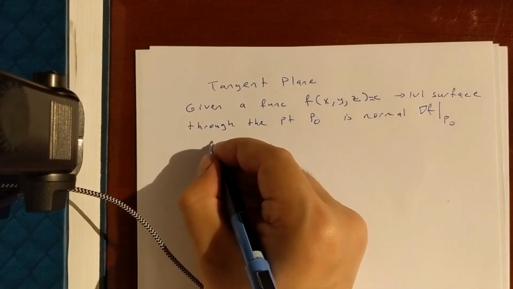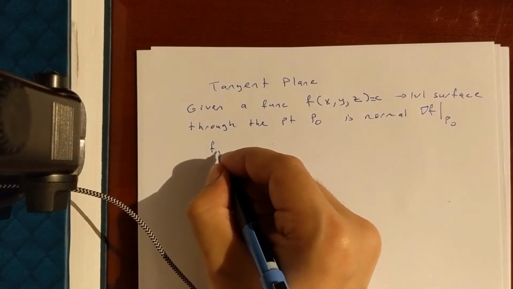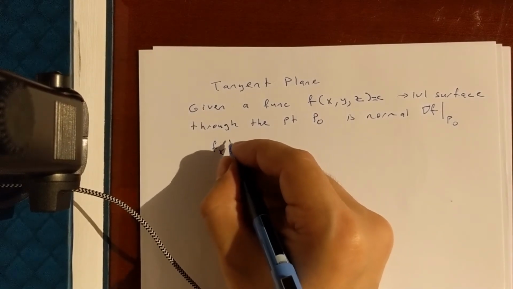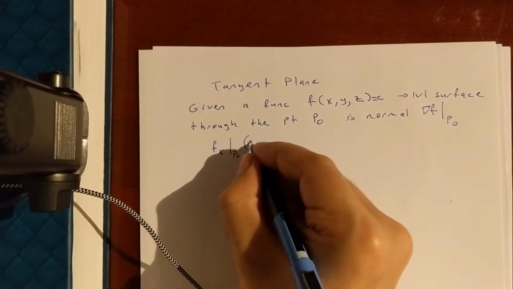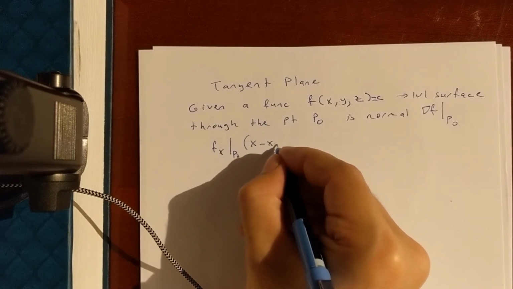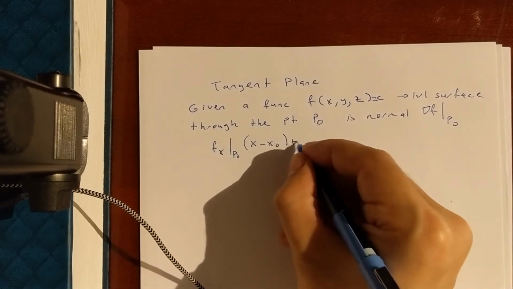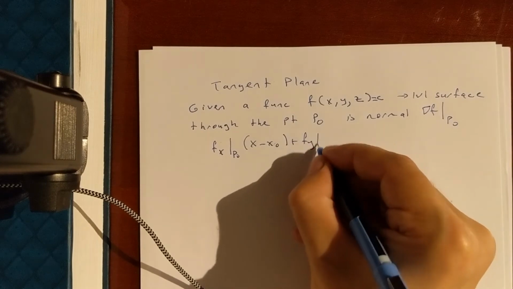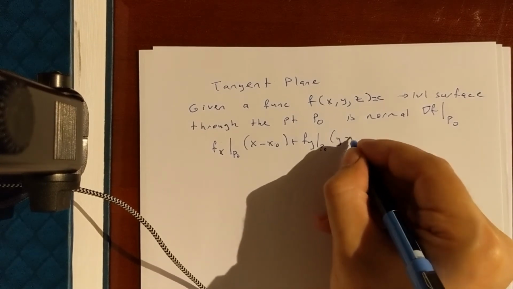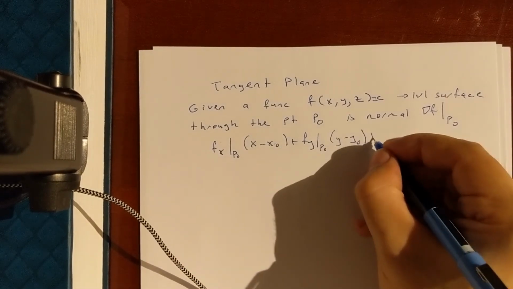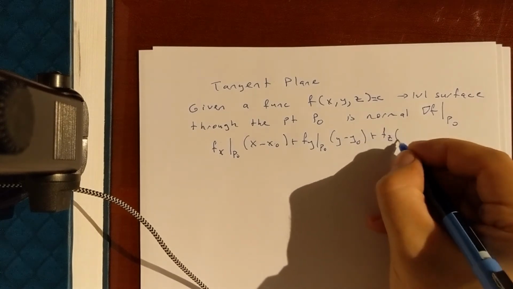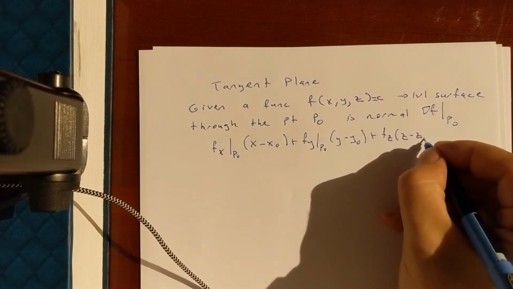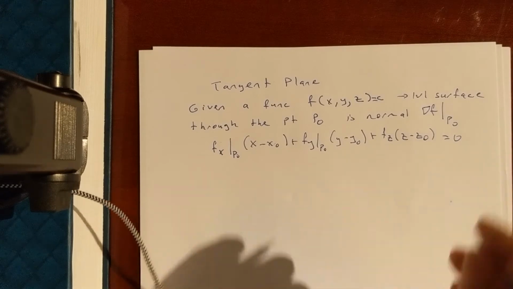So again, what's got to be true then is that f sub x evaluated at P naught times (x minus x naught) plus f sub y evaluated at P naught times (y minus y naught) plus f sub z times (z minus z naught), this has got to be 0.